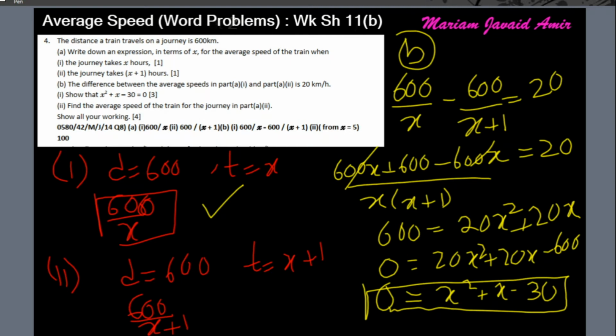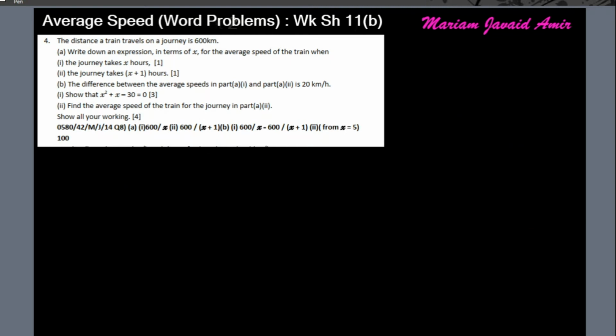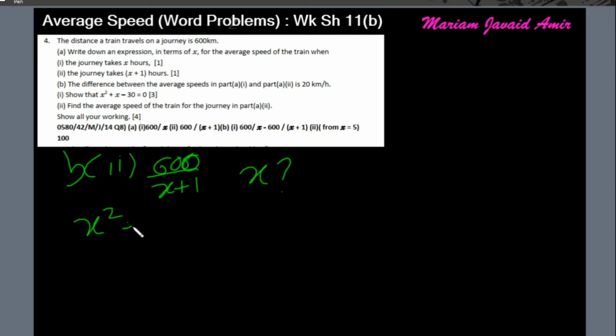Part 2. B2 says, find the average speed of the train for the journey in part A2. So we need to find 600 over x plus 1. So for that we need x first. x would be found by solving the quadratic equation.